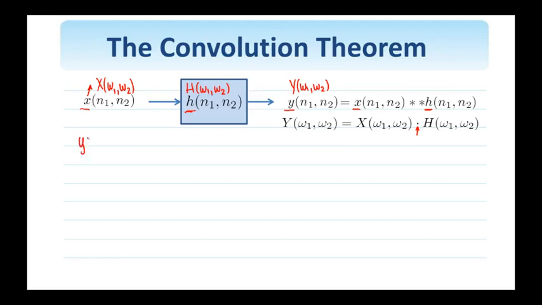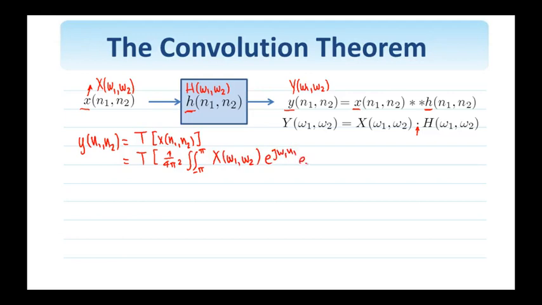So if I write the output of the system as the system T operating on the input signal x(n1, n2), and then I replace the signal by its inverse Fourier transform, this is equal to this double integral of X(omega1, omega2) e^(j omega1 n1) e^(j omega2 n2) d omega1 d omega2.